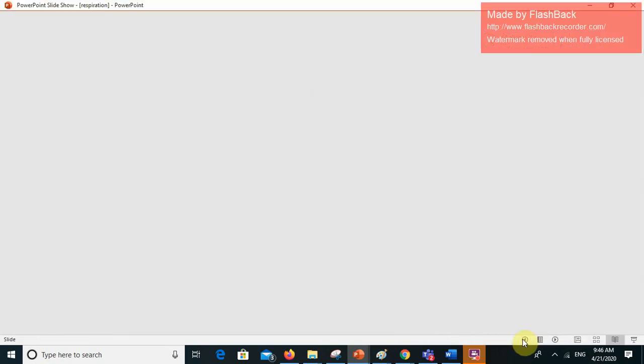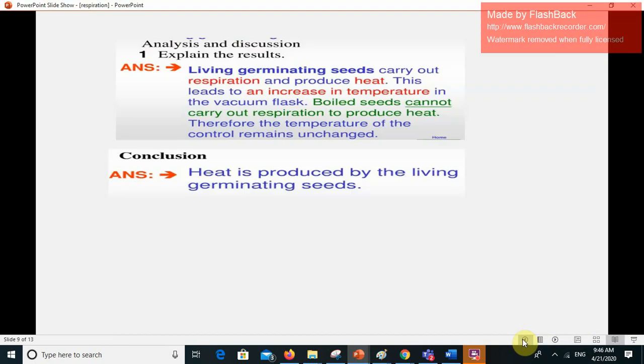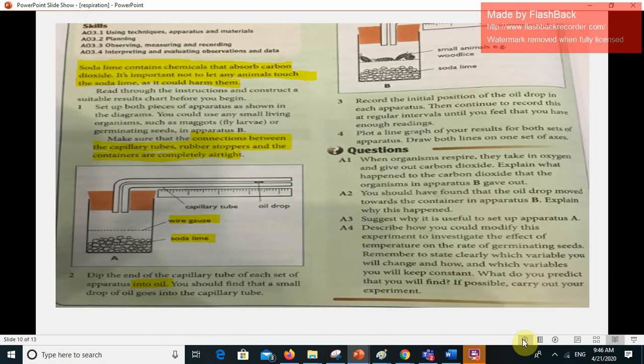which is in page 142. Investigation 11.2. Okay, this investigation shows that these wood lice, do you see wood lice?